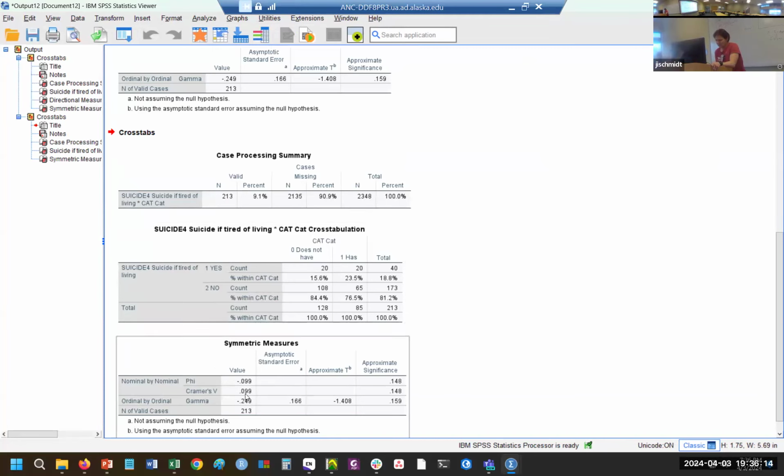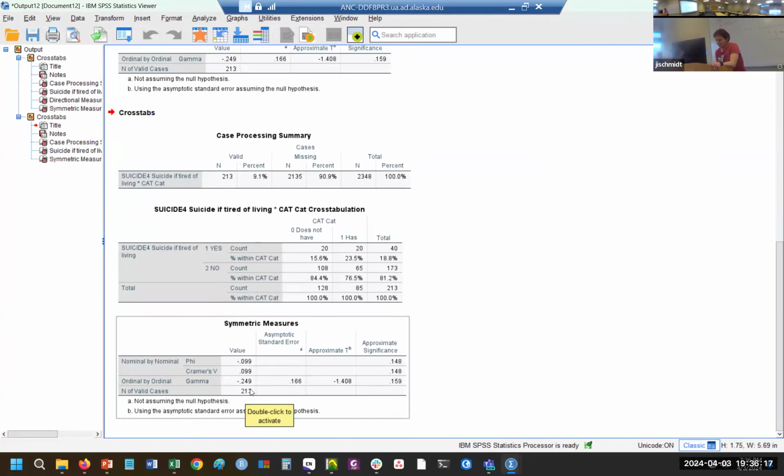Okay. So in this situation, it's telling us that Cramer's V is incorporating the fact that it's a relatively unbalanced relationship here.